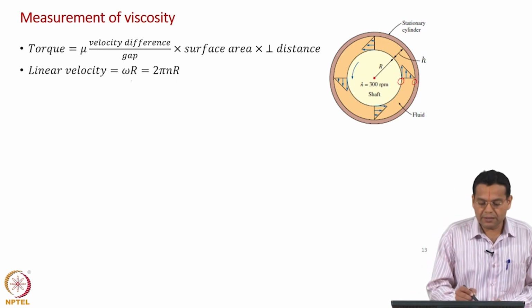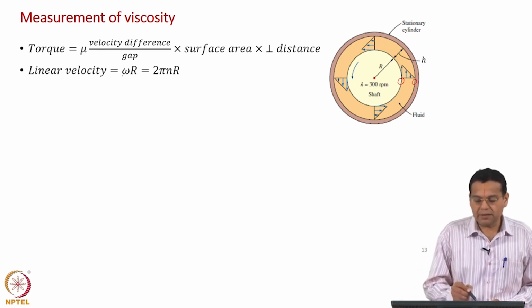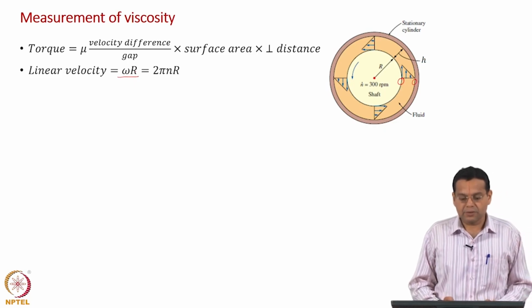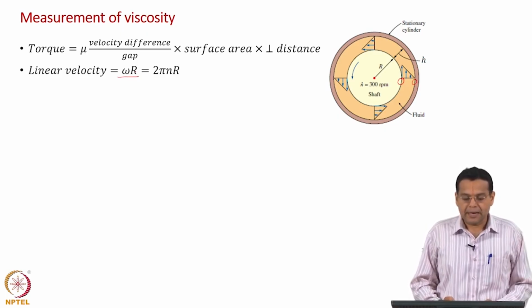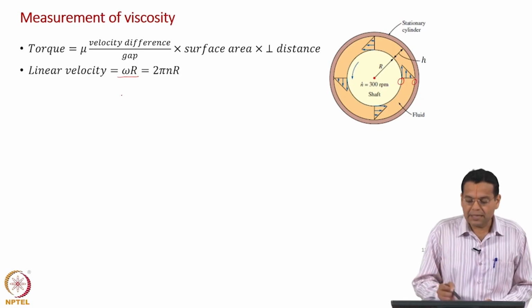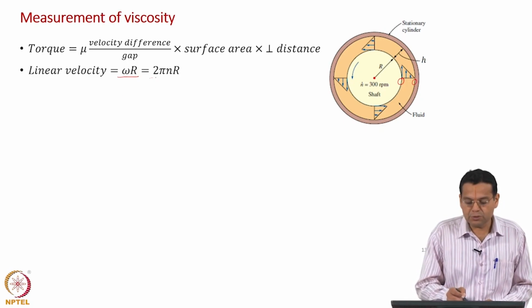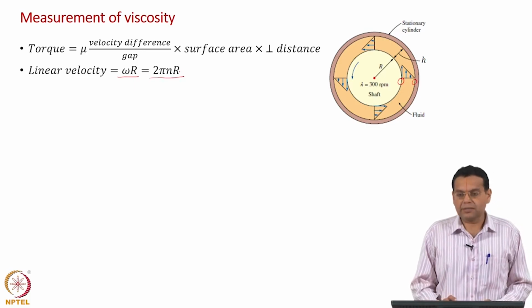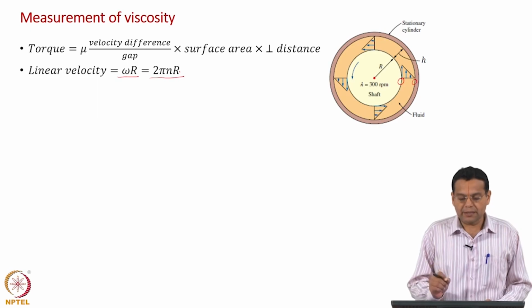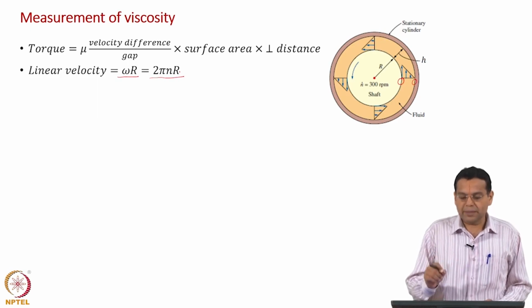So, how do we convert the angular velocity to linear velocity? Multiply angular velocity with the radius, omega into r, and what is omega? Express that in terms of the rate of rotation. So, it is 2 pi n and then of course r. So, linear velocity is omega into r, omega is 2 pi n. So, linear velocity is 2 pi n r.